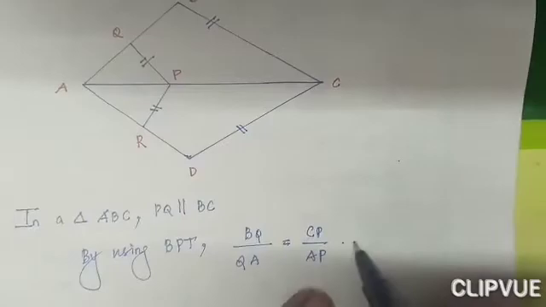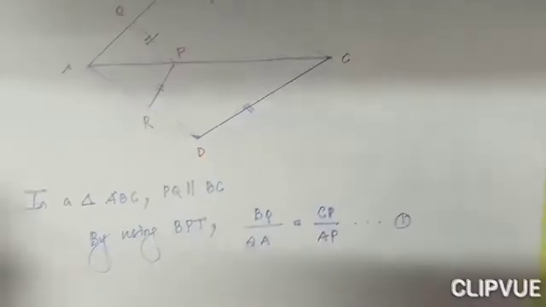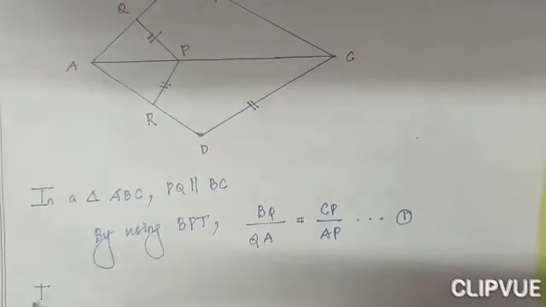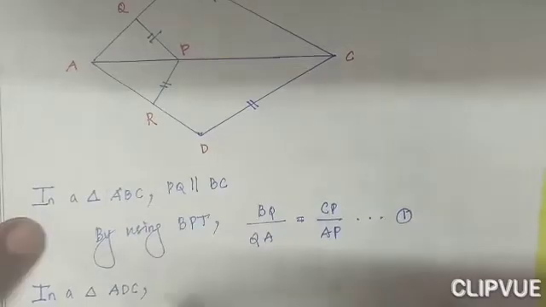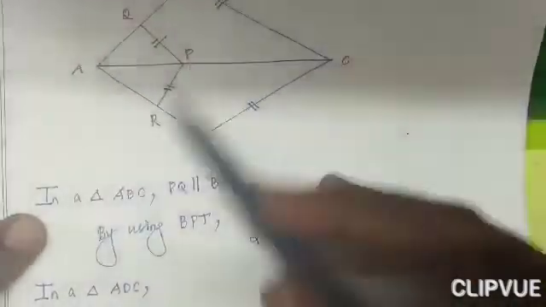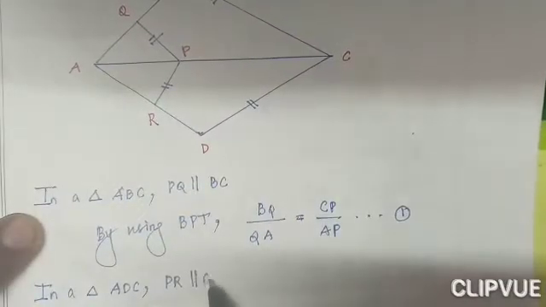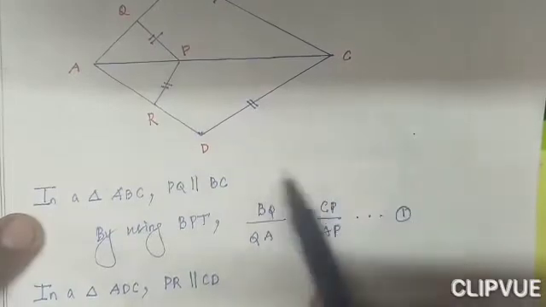Okay, consider this as 1. Next, in a right triangle ADC, here PR is parallel to CD.